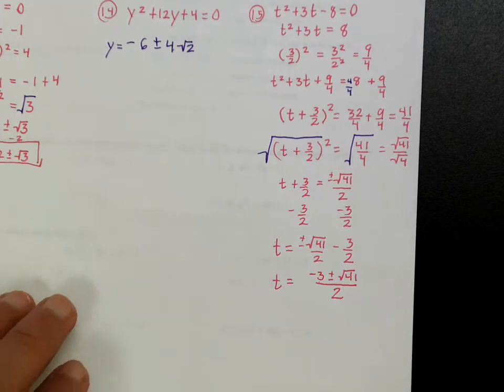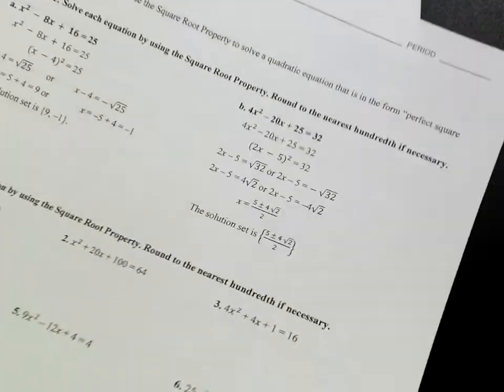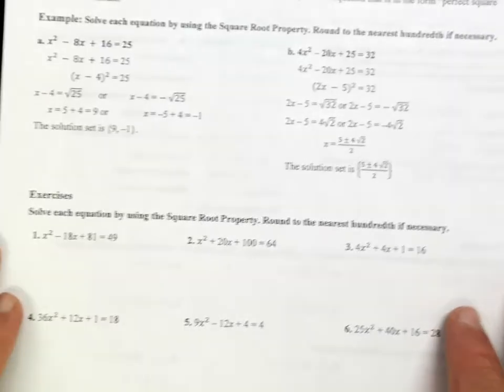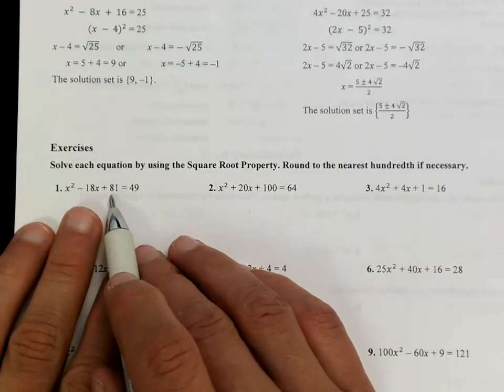So that's it for using the method of completing the square. Now let's go to the back. Now this one is essentially like completing the square, but easier in the sense that this is basically a square function.